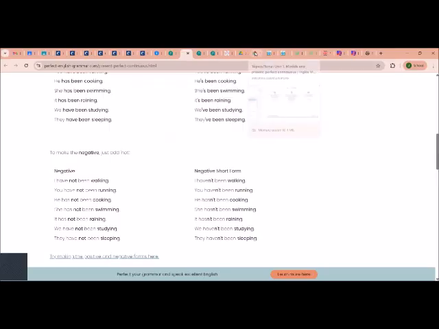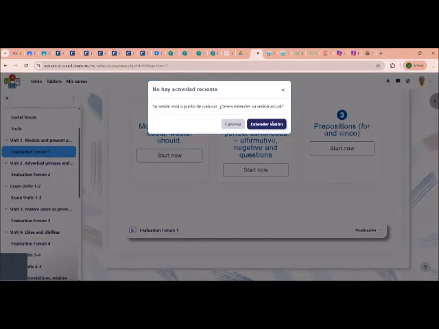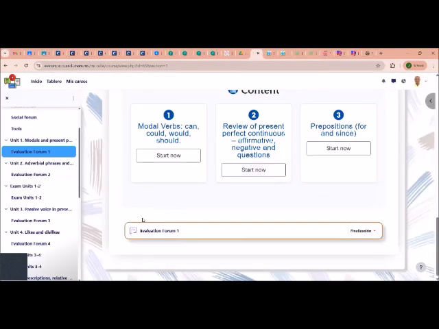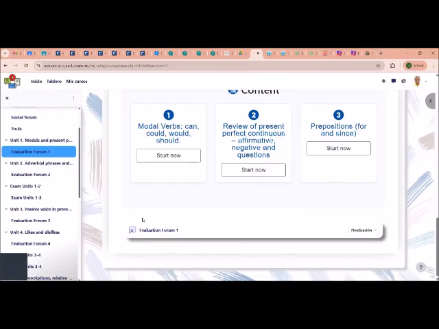Once you've completed all of that, guys, remember the goal is to complete the forum by the latest midnight of the 20th. That's Tuesday, okay? So if you haven't done so, push ahead. There's a forum activity waiting for you. And if you have questions, do let me know.